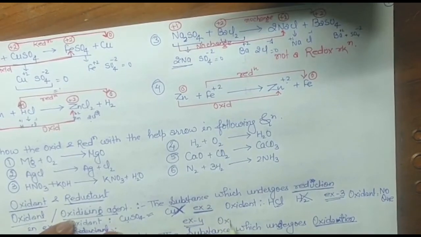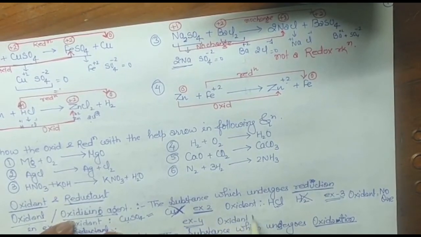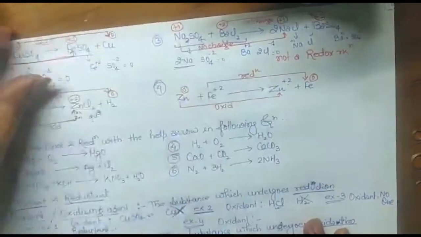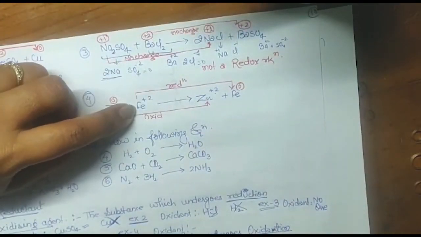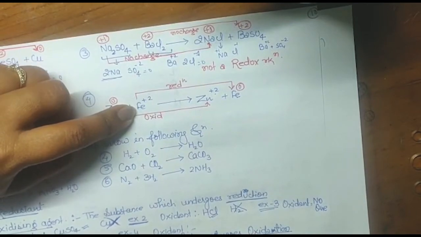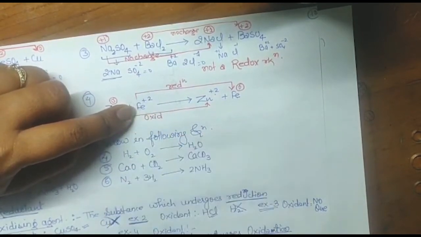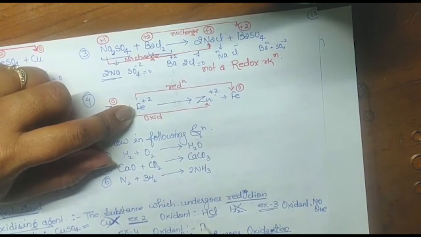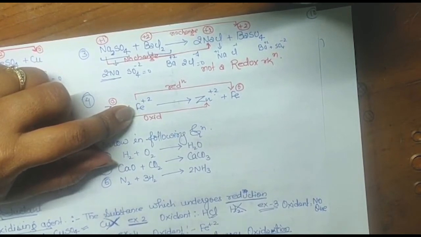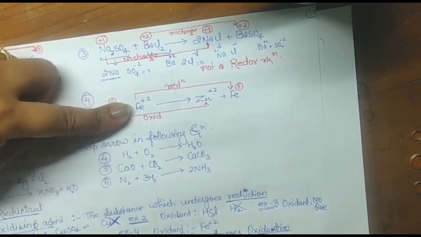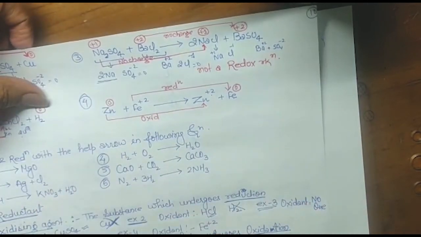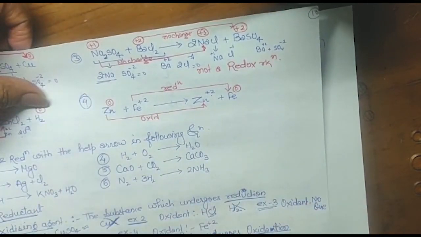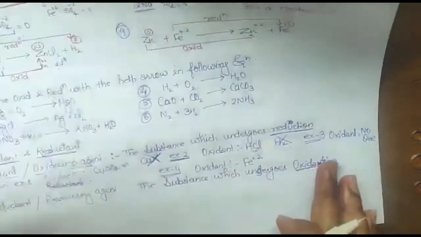What will the oxidant be? The one which is undergoing reduction. So this Fe is undergoing reduction, and here the whole compound written is Fe plus 2 only. So oxidant is Fe plus 2. Hope it is clear. If there is any problem, this is a very important topic. You should learn it properly. If there is any problem, you can ask the question on my personal number.